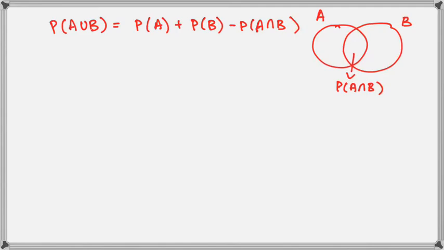And the something in common is the middle piece where it's the overlap, and that piece we call the event of A intersect B.